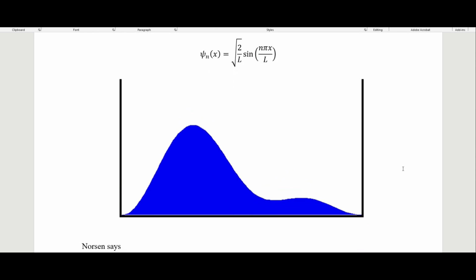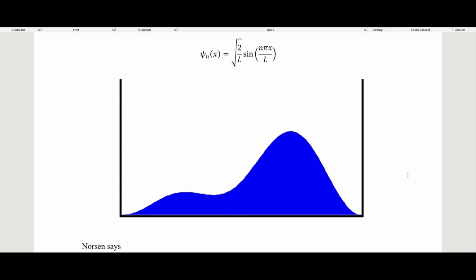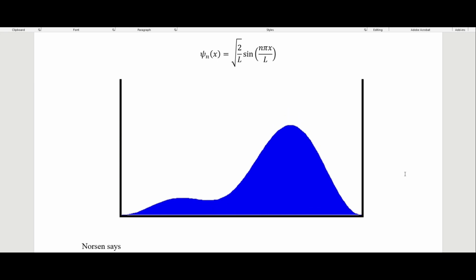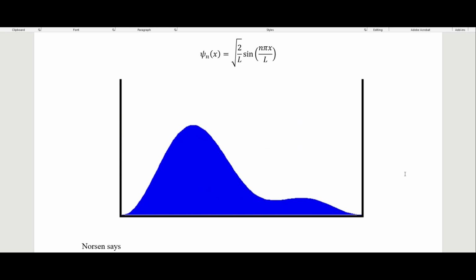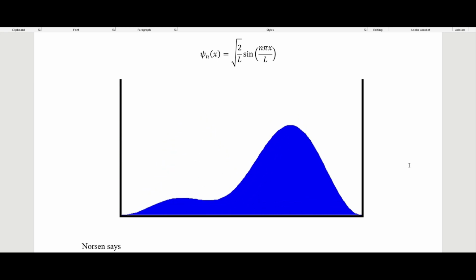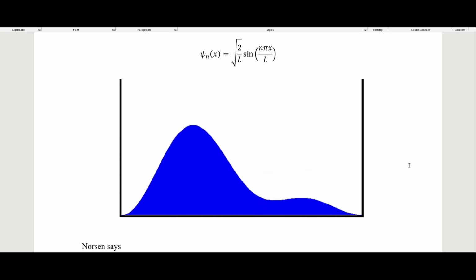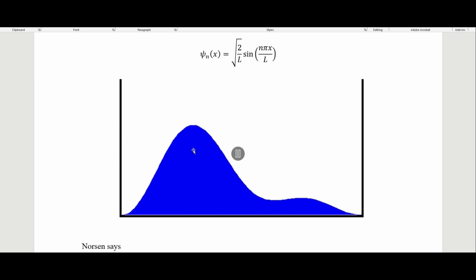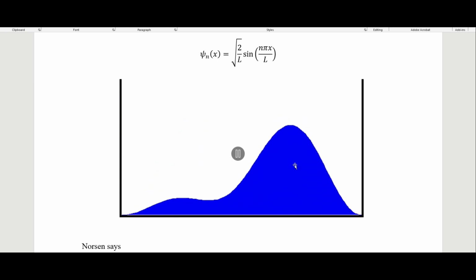And so this GIF right here is showing us what this is going to look like for a particle that is a superposition of two states, so the ground state and then the first excited state. And we see that inside this 1D box this wave function is sort of sloshing back and forth.